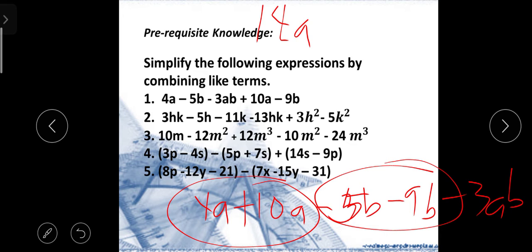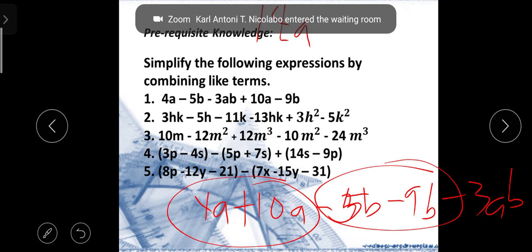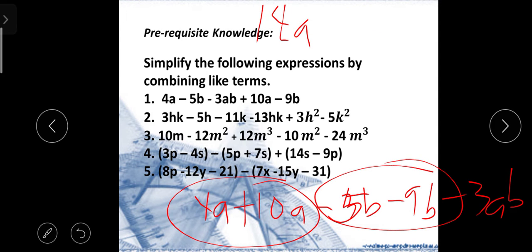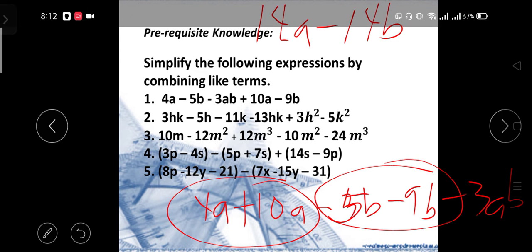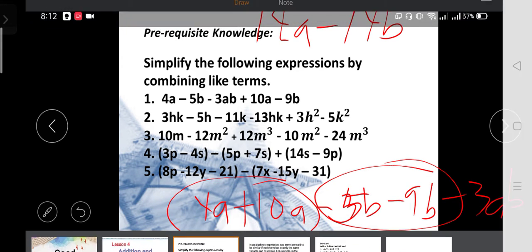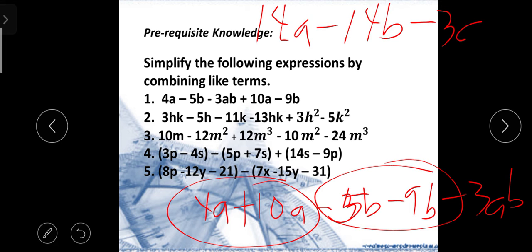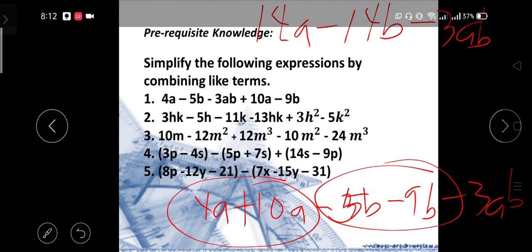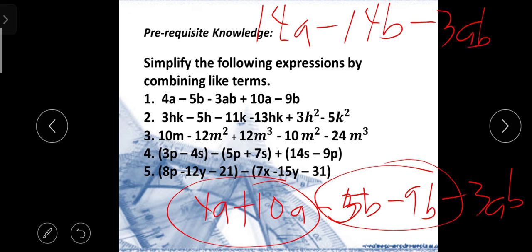Negative 5b at negative 9b. Hindi po. Di ba multiply lang nagiging positive? Negative 14b. And then, dahil wala namang kasama yung 3ab, i-rewrite lang natin yung 3ab. Okay, so ang final answer natin or ang simplified expression for number 1 is 14a minus 14b minus 3ab.